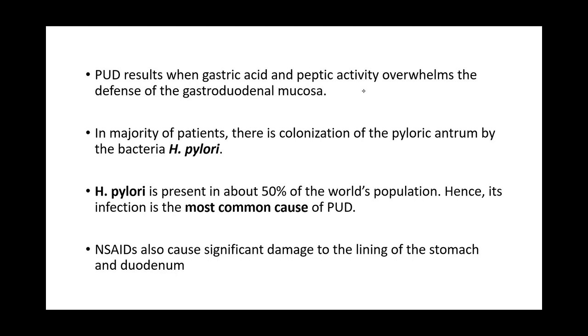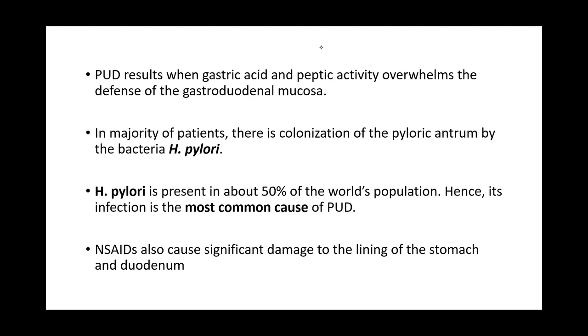We should know that in the majority of patients with peptic ulcer disease, there is colonization of the pyloric antrum by Helicobacter pylori. Helicobacter pylori is a bacterium that is the most important etiological agent in the development of peptic ulcer disease.